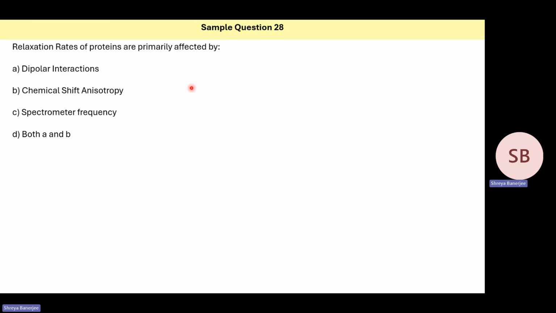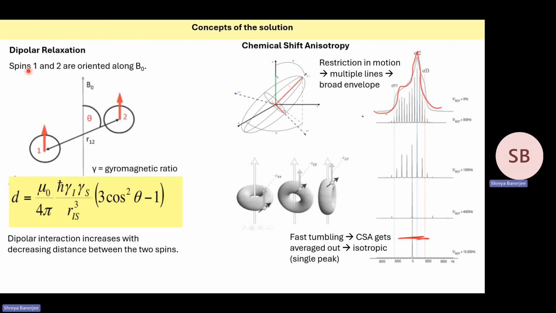Next, the question is asking, the relaxation rate of protein is primarily affected by what? So we know two factors contribute to the relaxation rate. One is the dipolar relaxation.